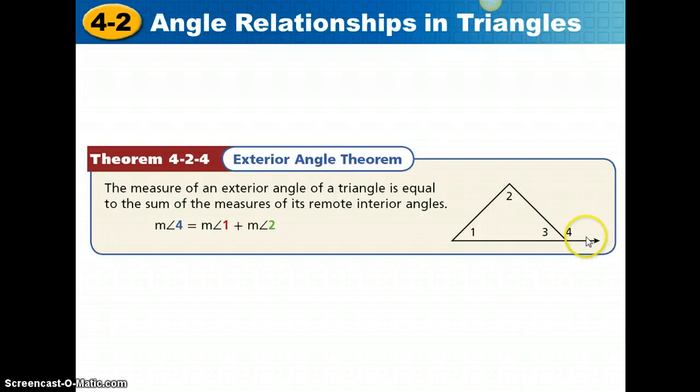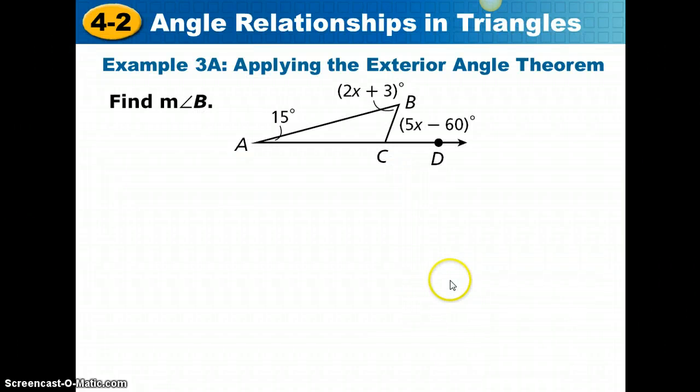We could see that because angle 4 will be supplementary to angle 3. It's a linear pair with angle 3, so those must add up to 180. But the sum of 1 and 2 plus 3 is also equal to 180. So by a little substitution, we could see why angle 4 would have to be the same as the sum of 1 and 2. So let's use that in example 3a.